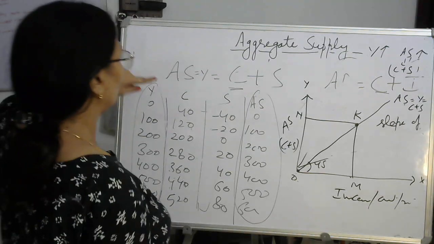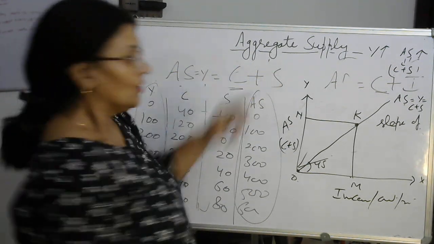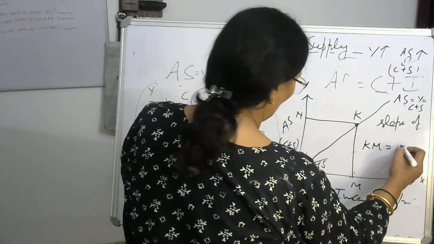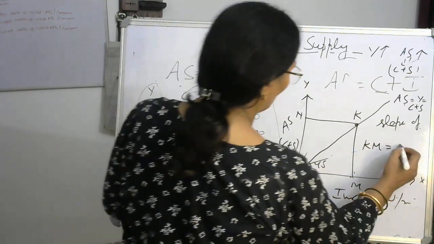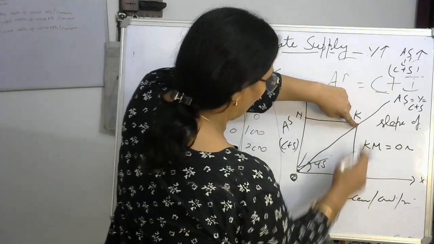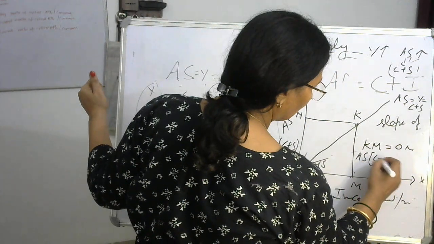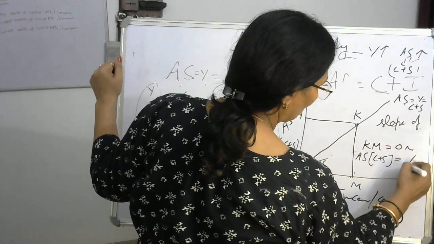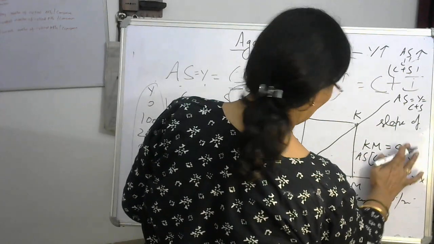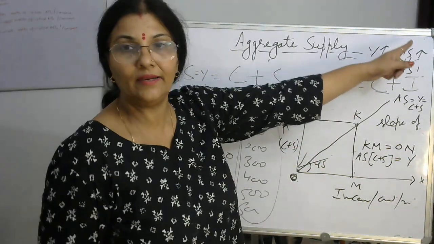And I explained to you that AS is equal to Y and it is equal to C plus S. So this KM will be equal to ON. Understood? Because KM is what? AS on the Y axis, which is C plus S, is equal to income. Understood?